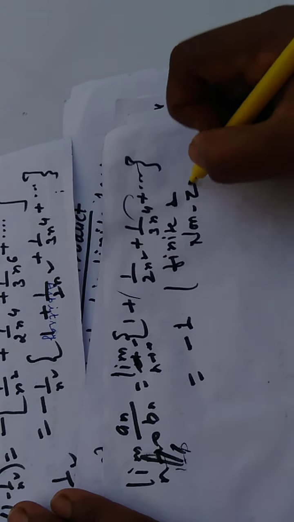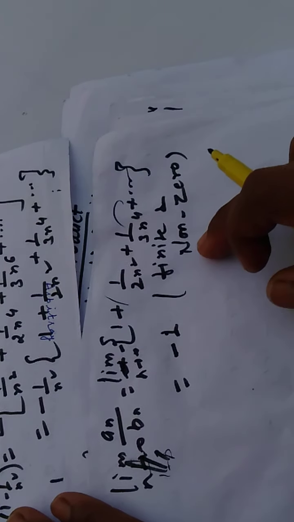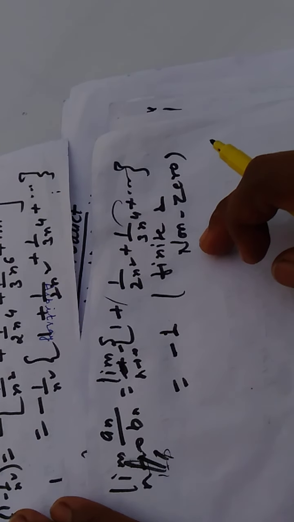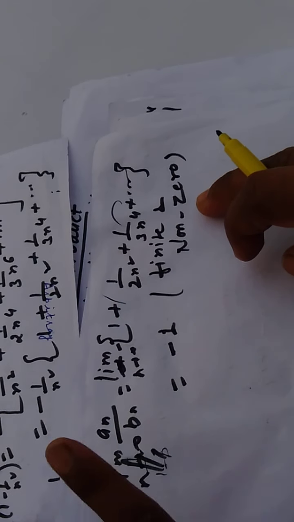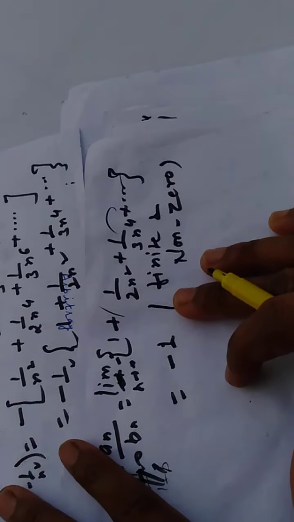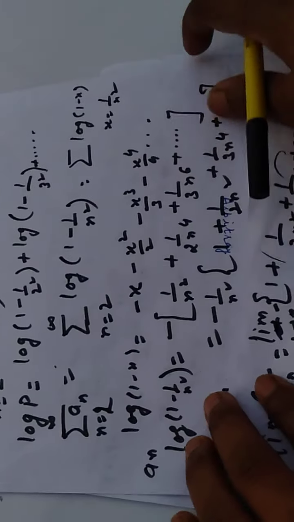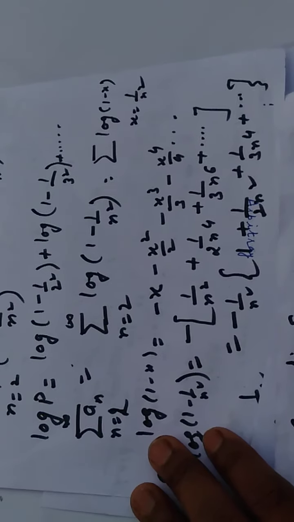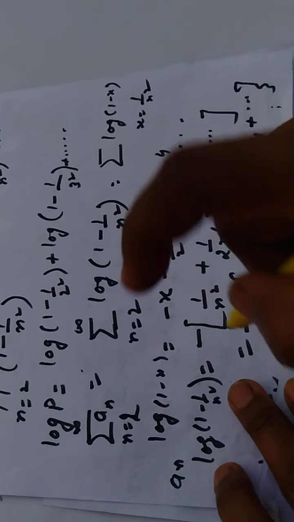So by comparison test fifth form, summation an and summation bn converge or diverge together. One thing I want to tell you is that the comparison tests were for positive term series.